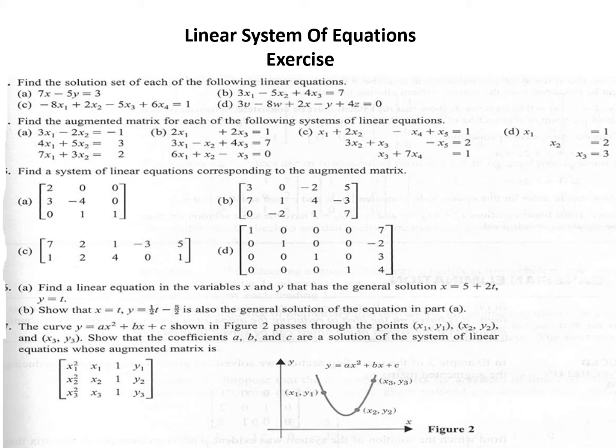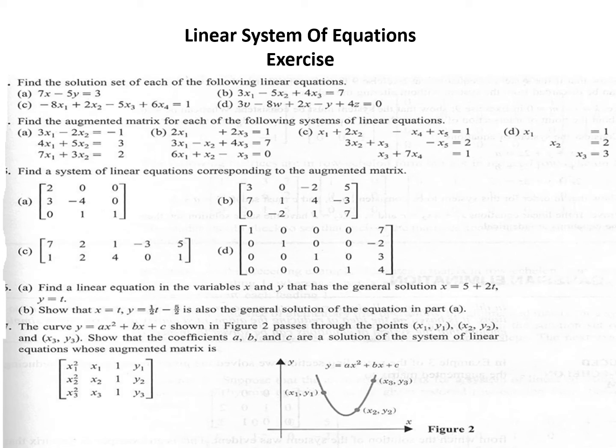It may be written like that: 3x1 plus 0x2 minus 2x3 equals 5, 7x1 plus x2 plus 4x3 equals minus 3, 0x1 minus 2x2 plus x3 equals 7.